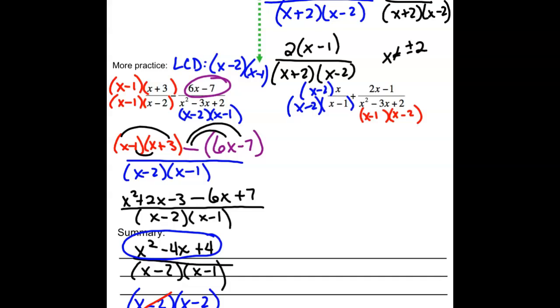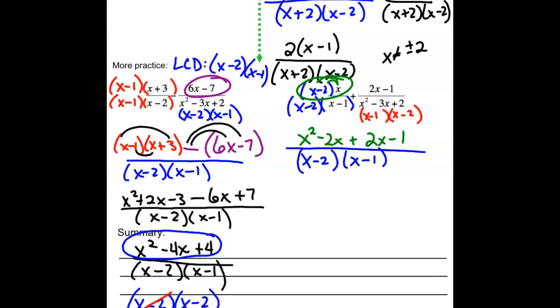All right, cleaning this up, our denominator now is going to be an x minus 2 and an x minus 1. Our numerator is going to turn into x squared minus 2x if I distribute that x. We are adding to it a 2x minus 1. And when we combine like terms, we end up with x squared minus 1 for a numerator.